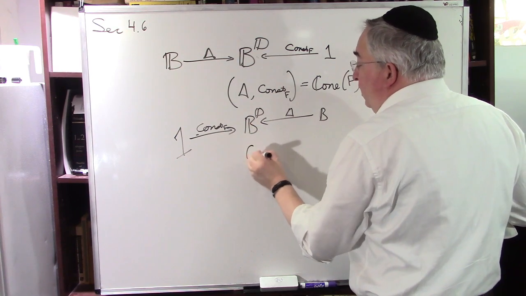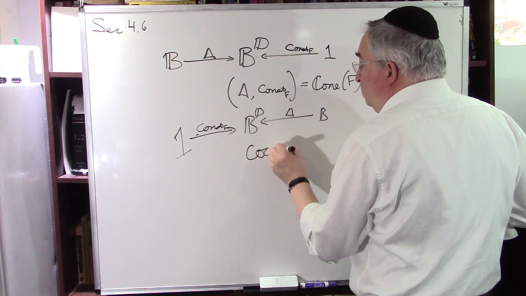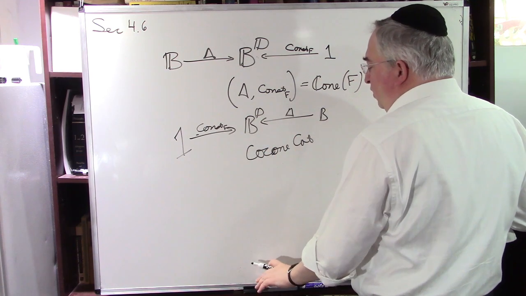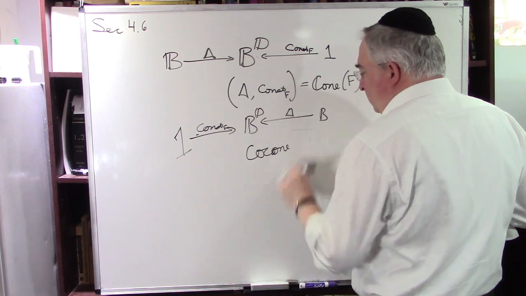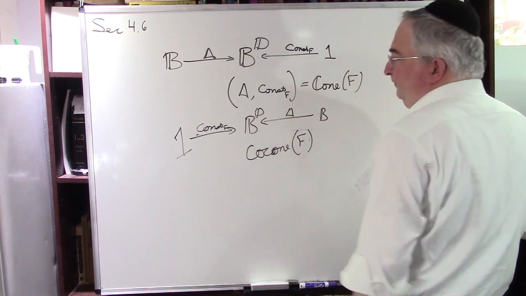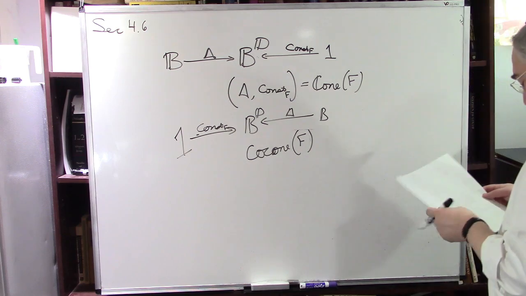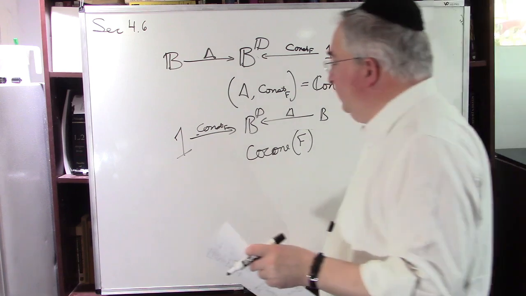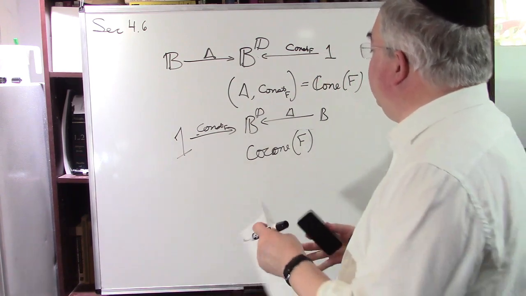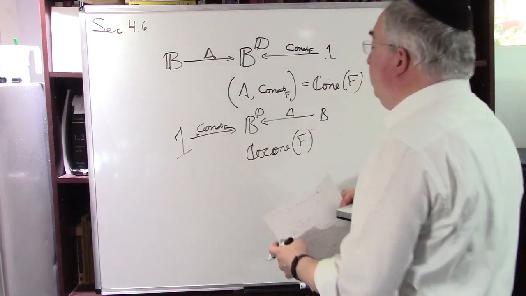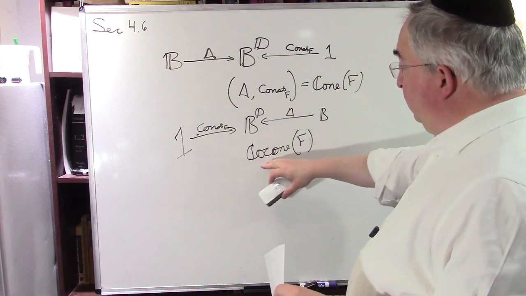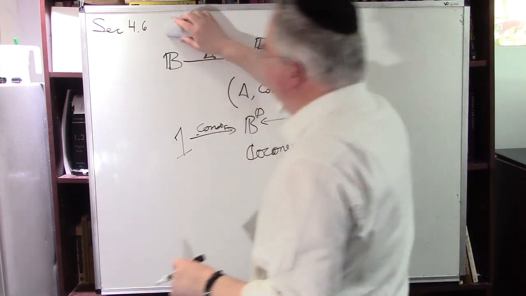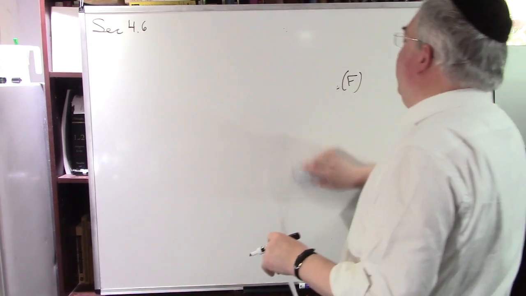What you get is the cocone category built on F. Okay, great. So now I showed you how to build this category of cones over F, and the category of cocones below F. Right. Gotta be careful with your adjectives.